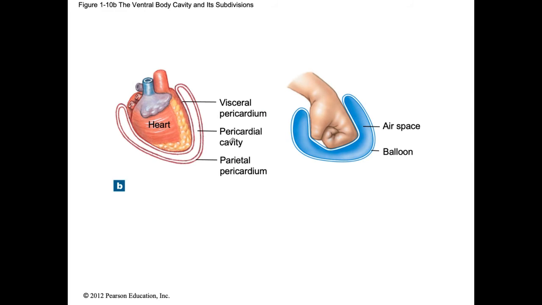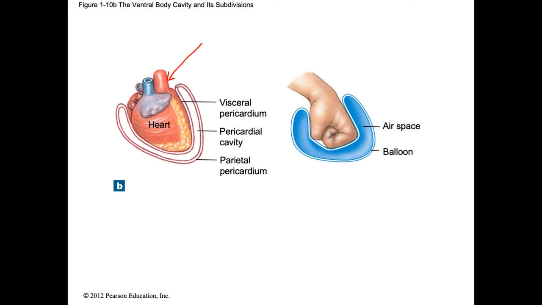Now, when we talk about these cavities, we're going to be focusing on the heart and the lungs and the digestive organs. The heart is encased by some soft tissue structures.